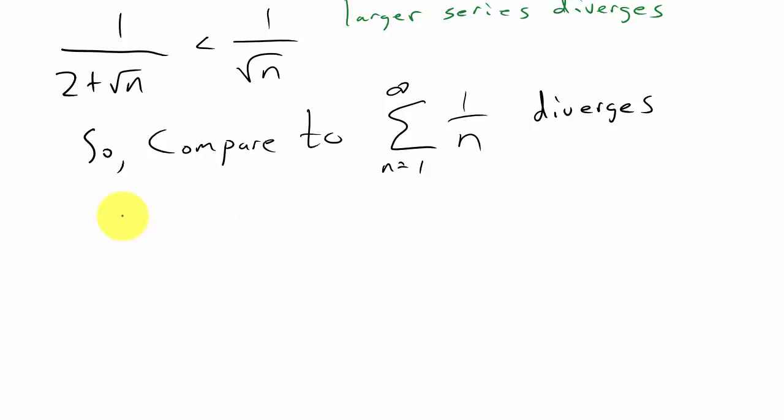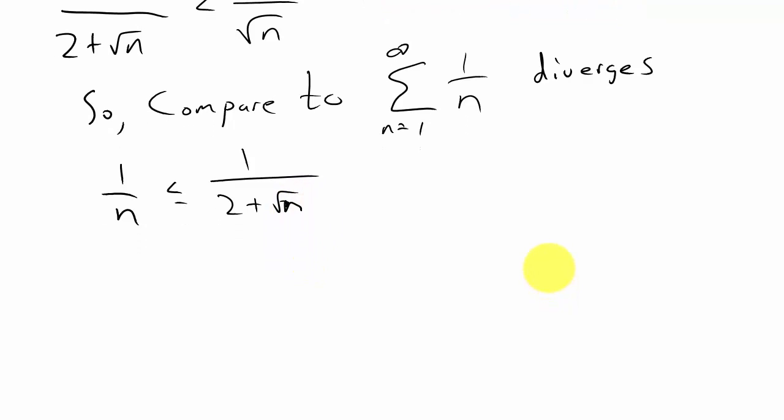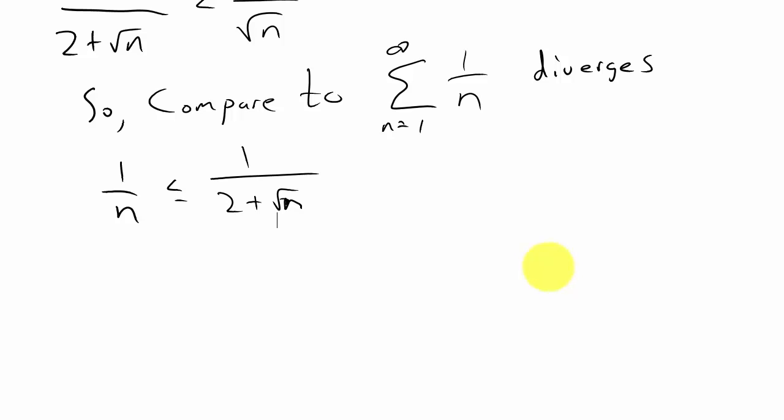So I'm going to see, okay, 1 over n less than or equal to 1 over 2 plus the square root of n. Okay, all right, so let's see what we've got here. How can we determine if this series here is smaller?